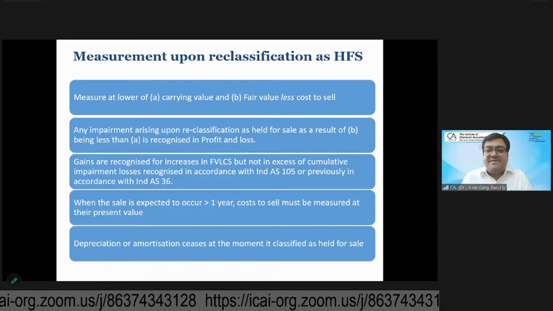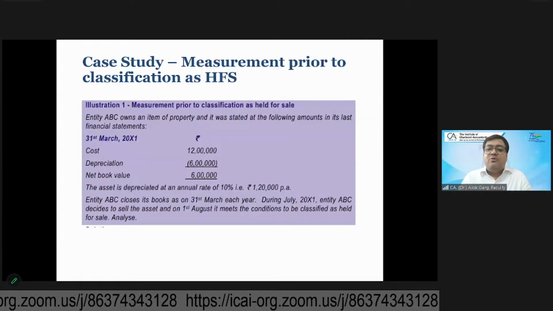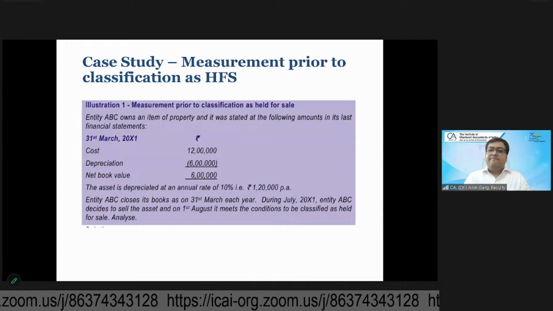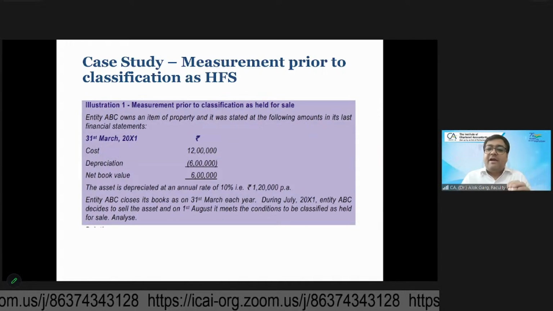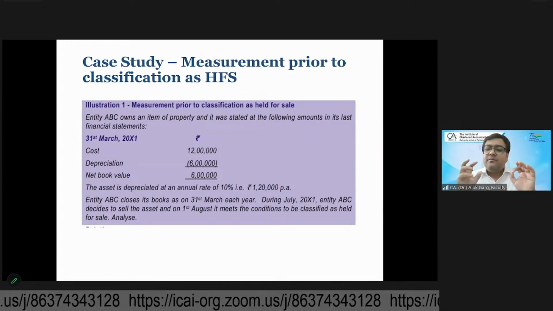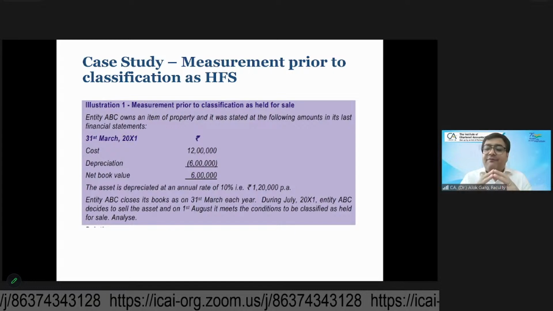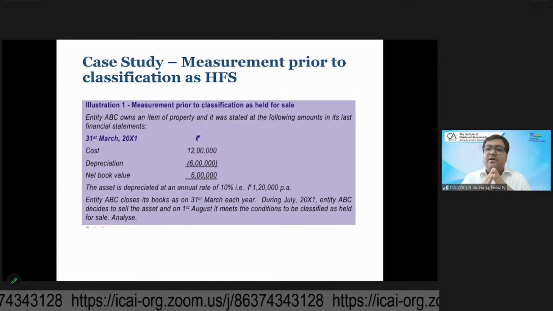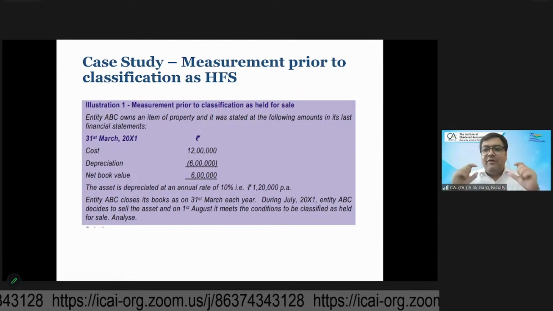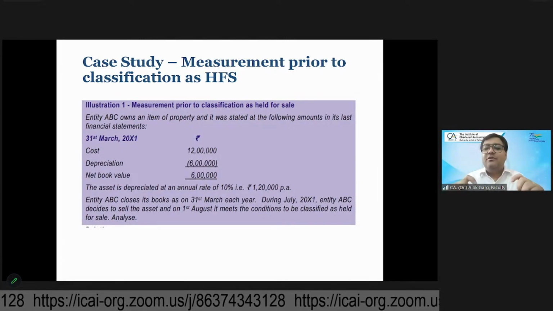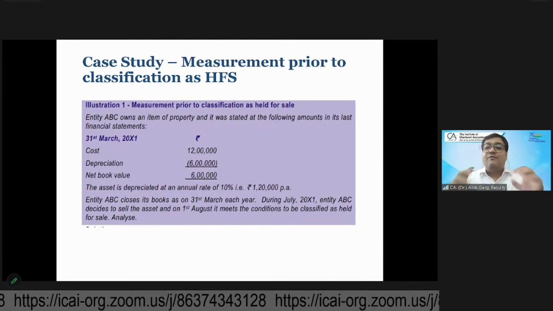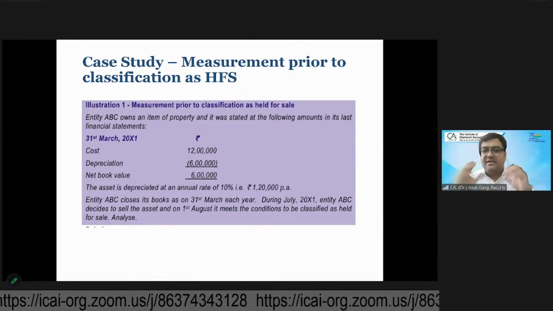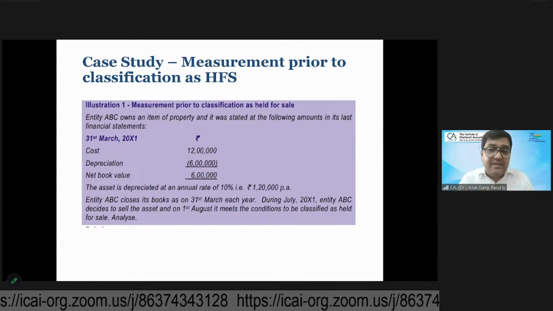Number two, you have to compute the fair value less cost to sell. Whatever is lower will be considered as the value of the non-current asset held for sale.